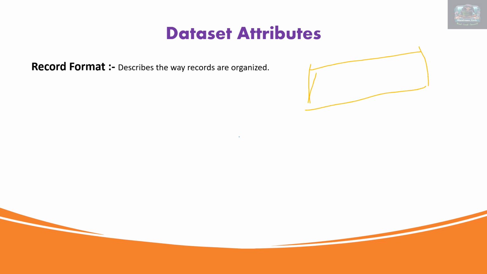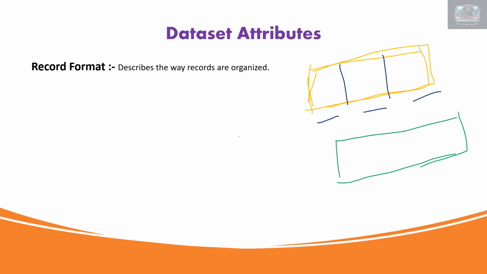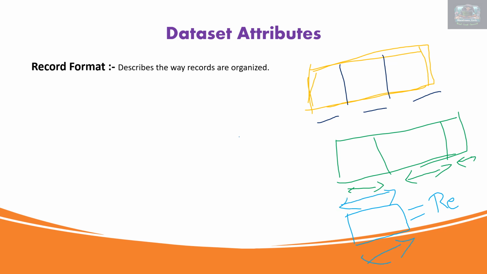The records can all be the same size, or they can be of different sizes, one smaller, one bigger. And there's another case where the block size equals the record length, the same size. So there are many types.